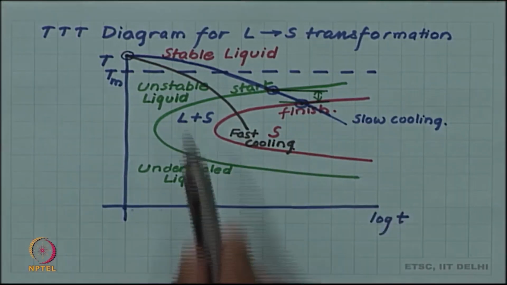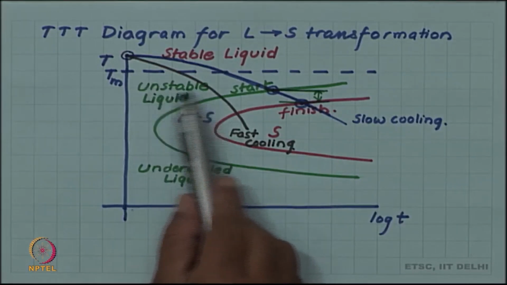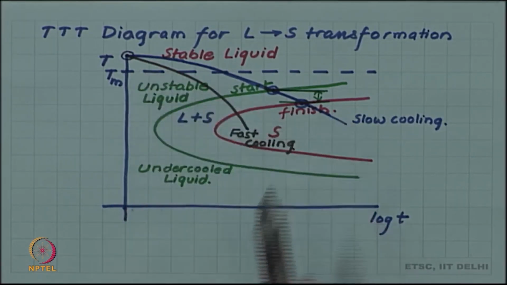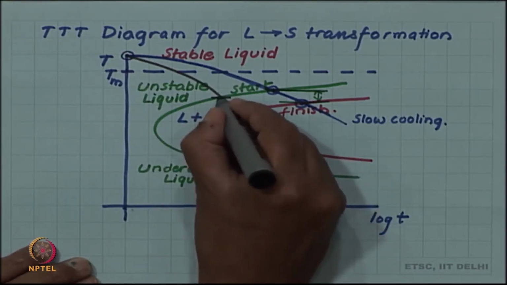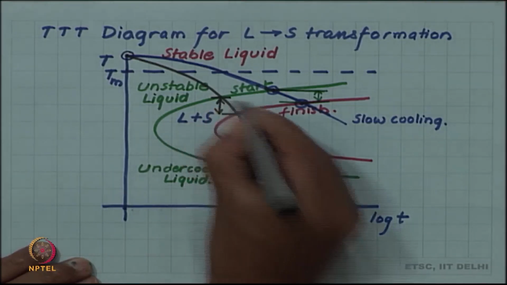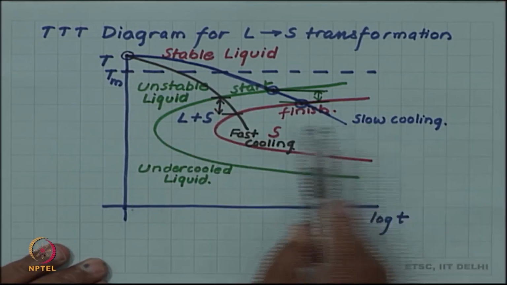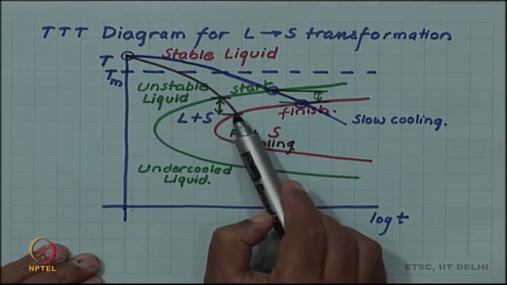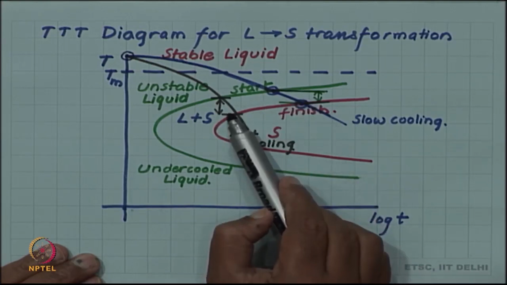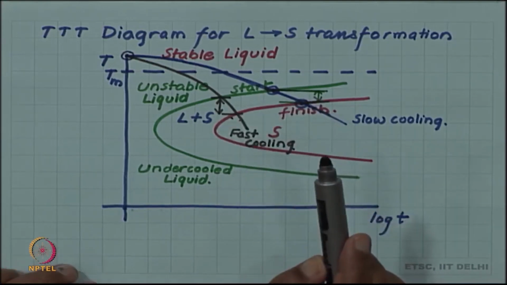Because you can see that the temperature is now falling much more rapidly compared to this blue line. And if you now compare the temperature range over which this transformation is happening, it is this. So, on faster cooling, the temperature range over which the transformation happens is lower than in slower cooling.